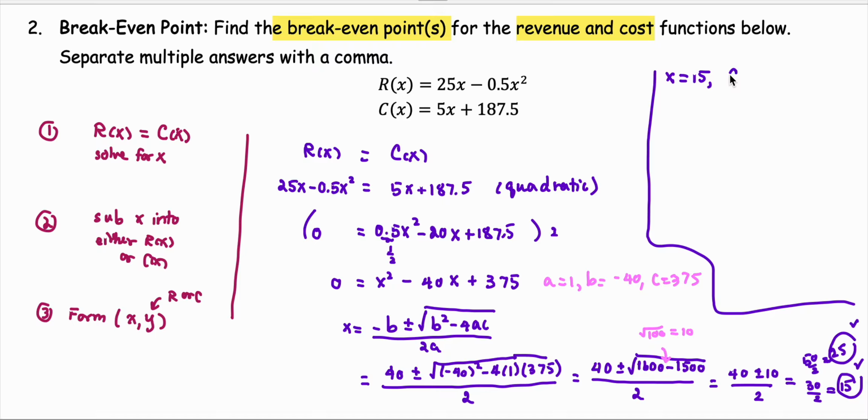Y in this case is either the cost function at 15 or the revenue function at 15. How do we find out? We just plug in the value. Maybe the one that is not the power 2 is less complicated to compute. So 5 times 15 plus 187.5. Let's see what value we get.